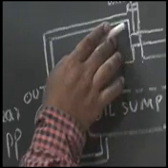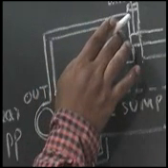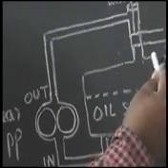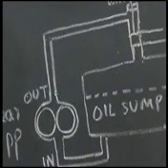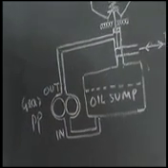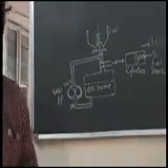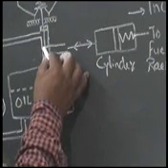This is from the pump. This one is coming from the pump. And this is going to the cylinder which controls the fuel rack. You can see this is the pilot piston or pilot valve.